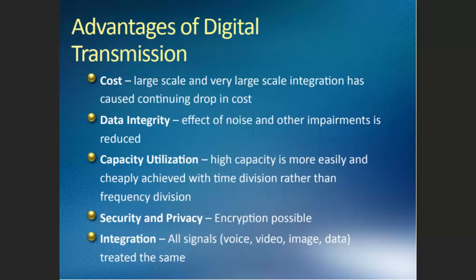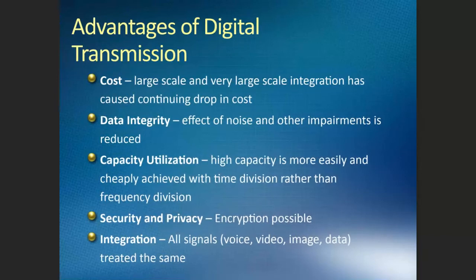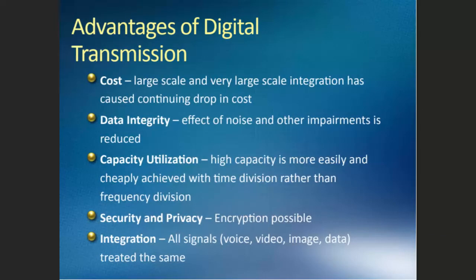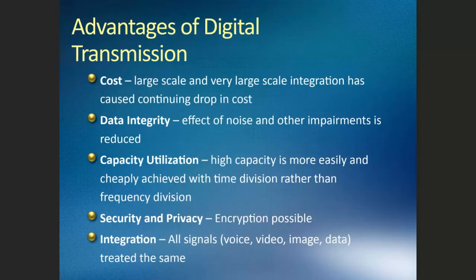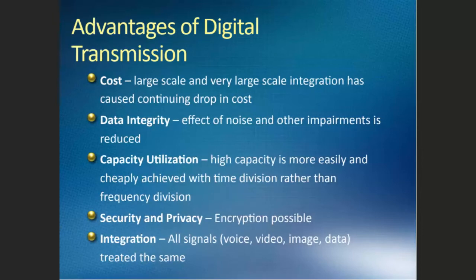Advantages of digital transmission. Again, we are repeating some of the information. Digital is cost effective. It can be handled and utilized on a large scale. Data integrity: the effect of noise and other impairments is reduced. Capacity utilization: high capacity is more easily and cheaply achieved with time division rather than frequency division.